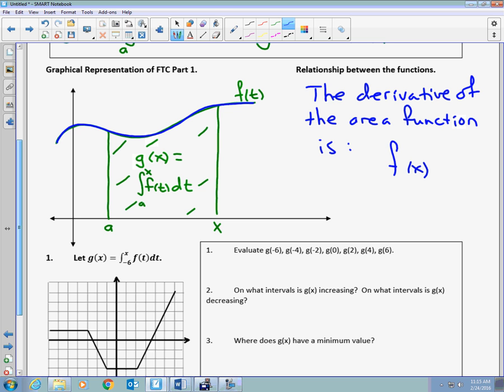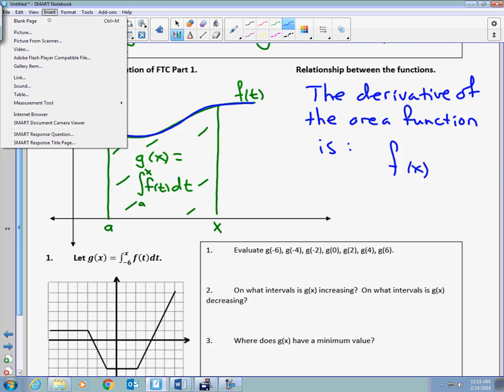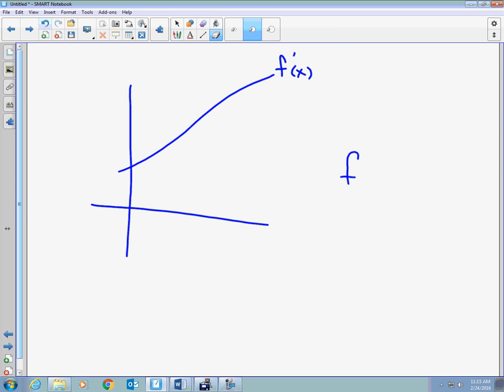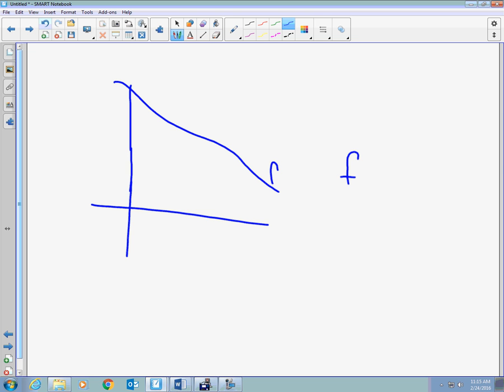I'm going to try one more time to connect this together for you. This is the graph of f prime of x.